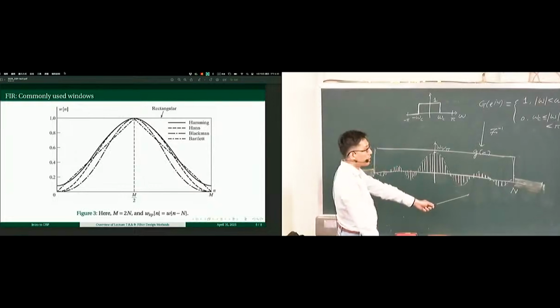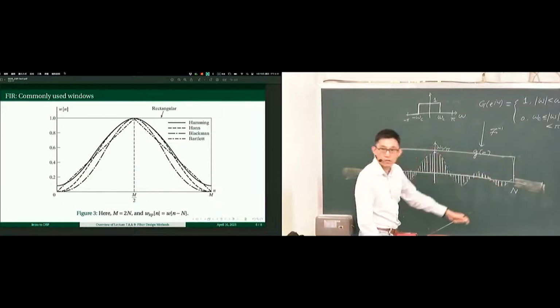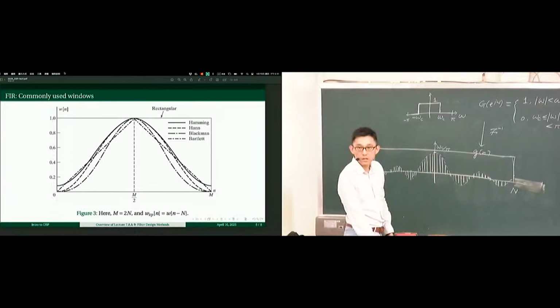And there's one issue about causality, by the way. Here the time goes from -N to N. So strictly speaking, your design is not causal yet, so you need to make a shift.